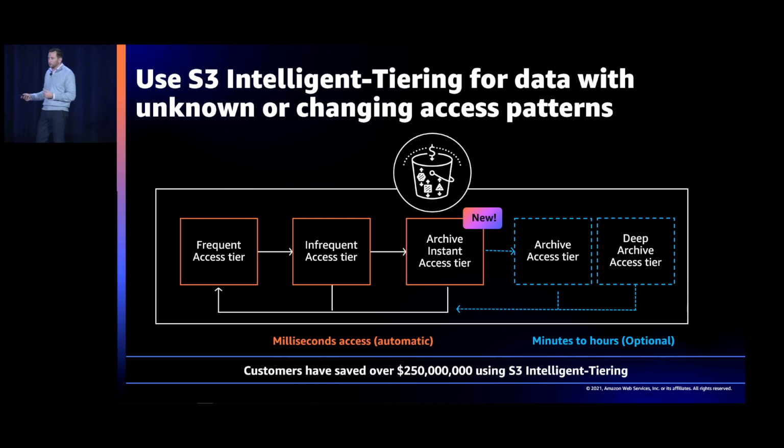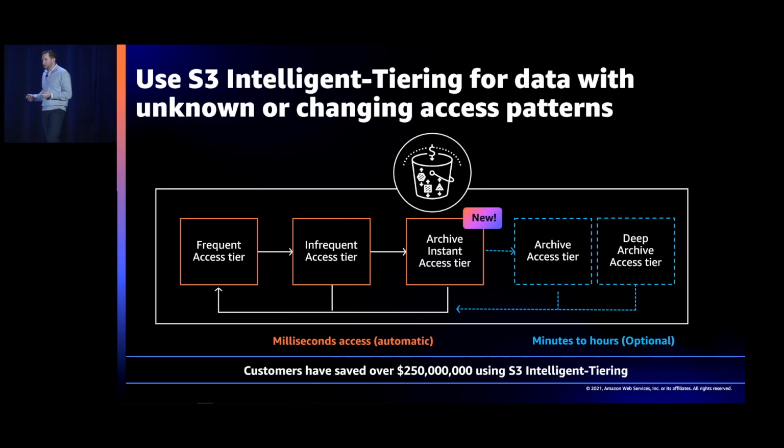So I thought it was important because we often get customers asking how exactly it works and how do I achieve these cost savings. So how it works is S3 Intelligent-Tiering has five access tiers: a frequent access tier, an infrequent access tier, an archive instant access tier, and then two offline archive tiers, an archive access tier and a deep archive access tier.